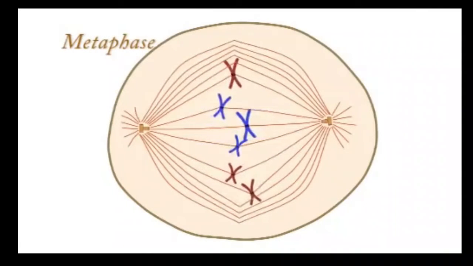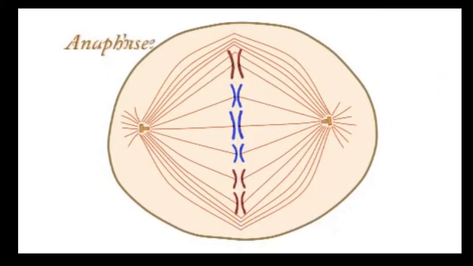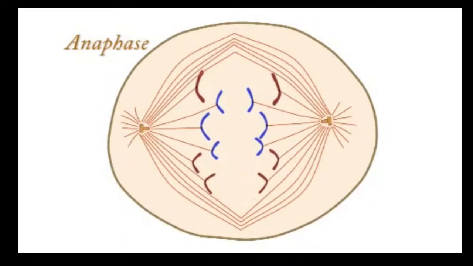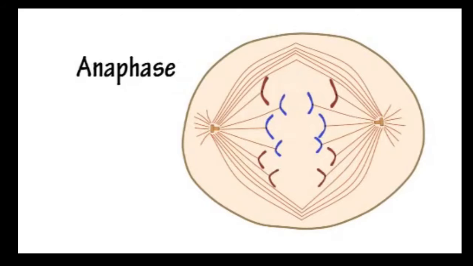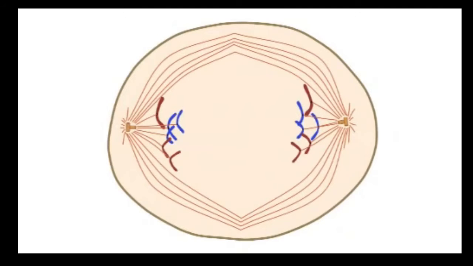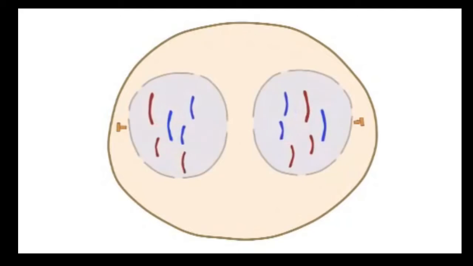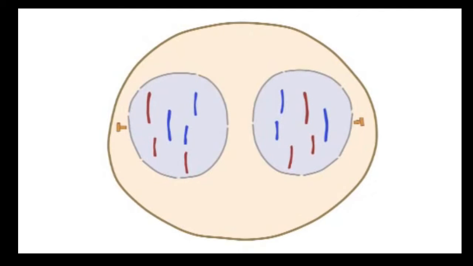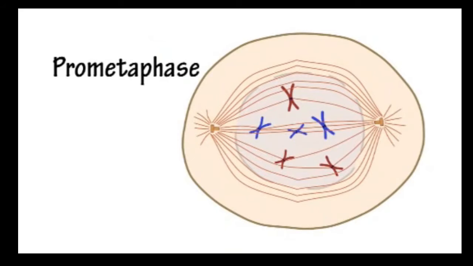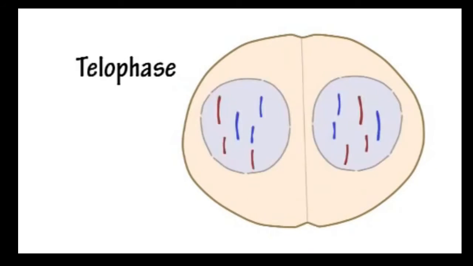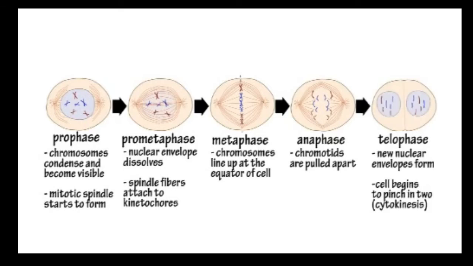In metaphase, the chromosomes line up on a plate at the cell's equator, where they wait for the next phase called anaphase to start, which is when the paired chromosomes are pulled apart. In telophase, the separated chromosomes arrive at the poles where they are surrounded by reconstituted nuclear membranes, uncoiling and diffusing into chromatin again.